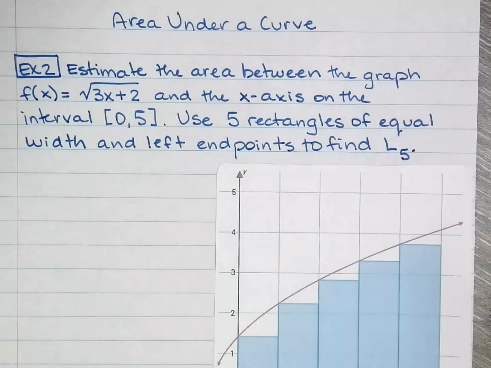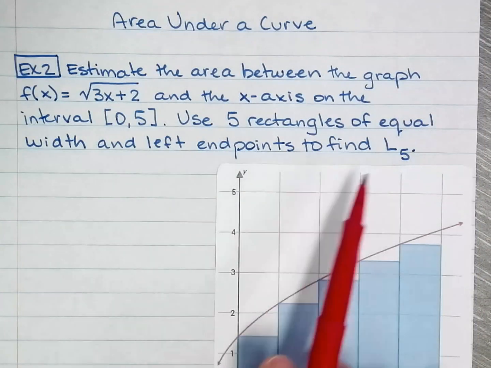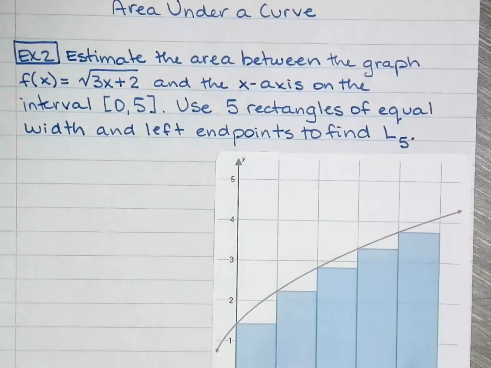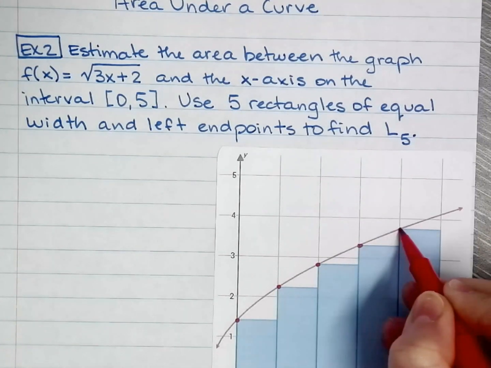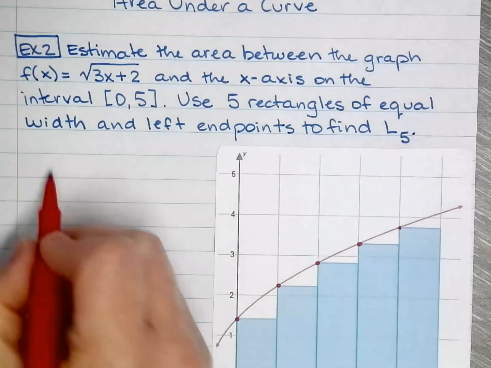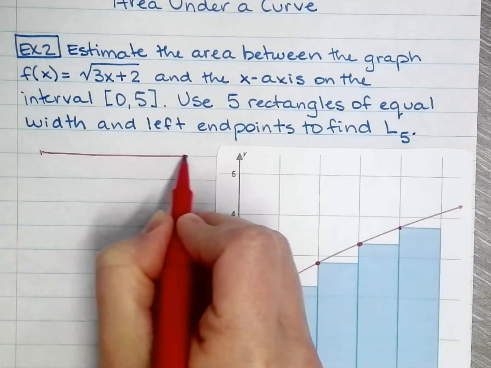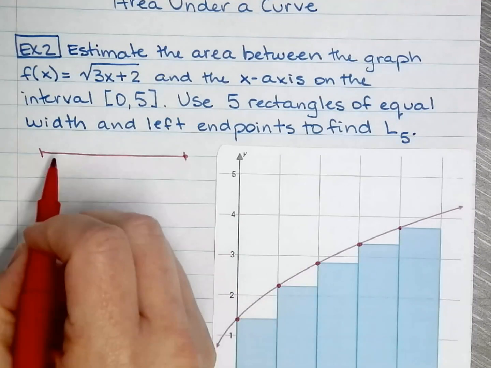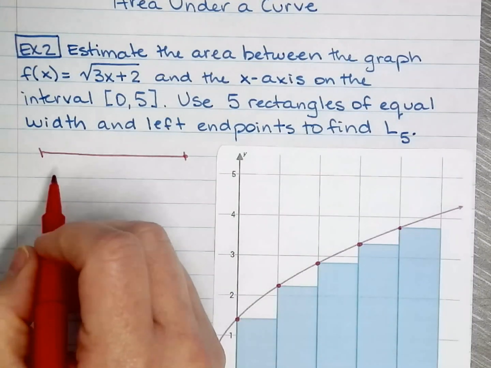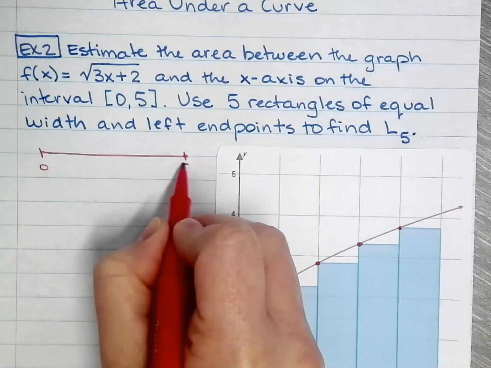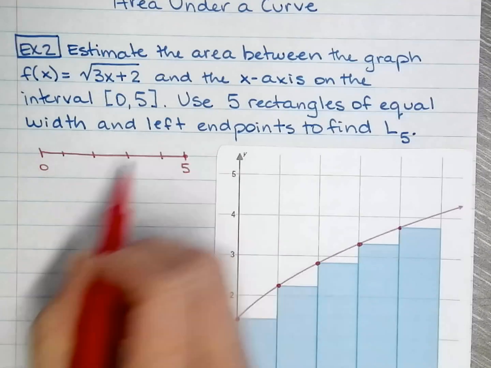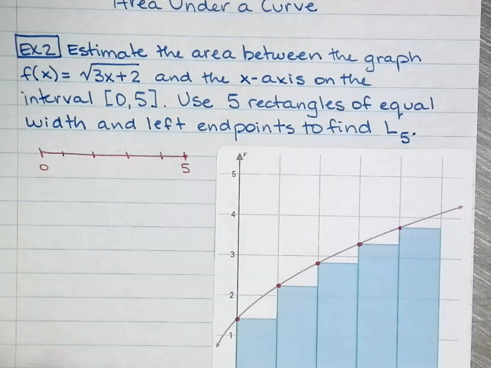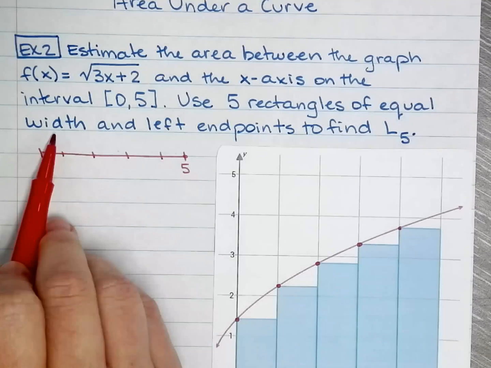So now we have a square root. We also have 5 rectangles, but now we're going to use the left endpoints. Here's the visual, so we're using these endpoints right there. So let's say that if you don't have a graph, go ahead and draw yourself a number line. It's just easier to visualize that. So you're going for the interval right here between 0 and 5. You need 5 rectangles, same width.